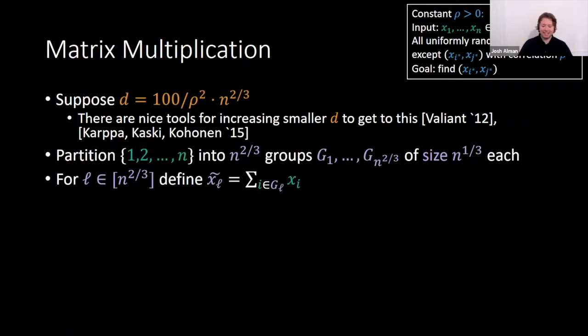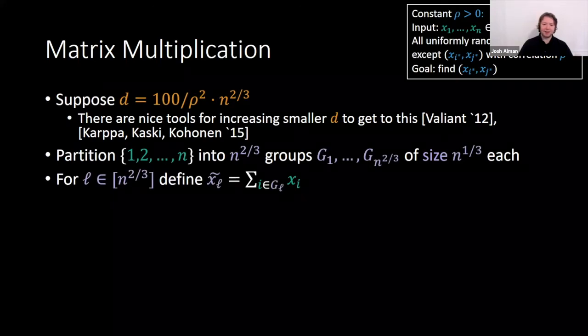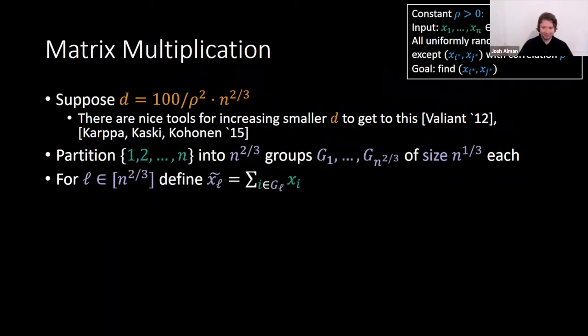The idea here is that if two groups don't contain the correlated pair, then they're both just sums of independent random vectors, and they're also independent random vectors. If two groups contain the correlated pair, then there's still a little bit of correlation because the correlated pair have been added to those groups. And we're going to look for that smaller correlation among the groups.